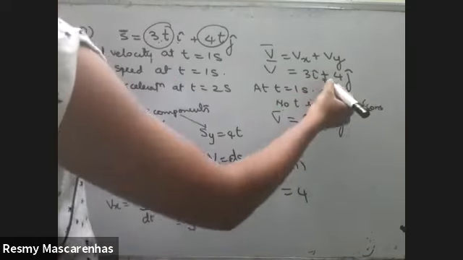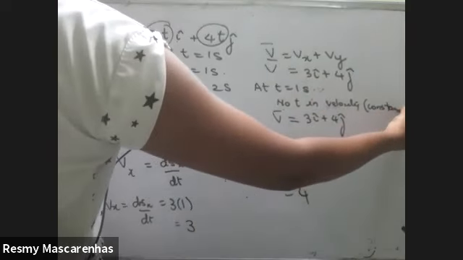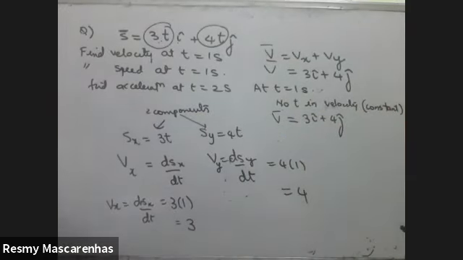Whenever the t term is missing, the velocity is always constant. It will not change. See, v will remain the same. There is no t to substitute 1. So velocity is constant. So your first part is done. So velocity at 1 second is the same, 3i plus 4j.